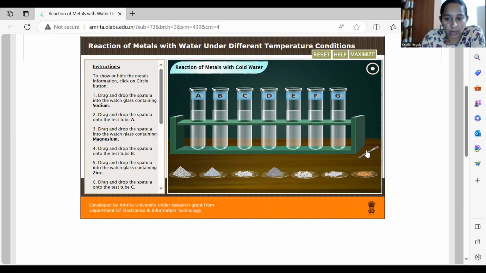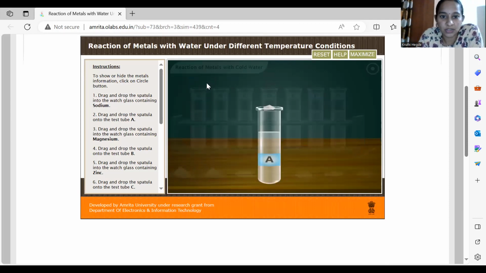So here the spatula is there, and here metals are there. We need to drag the spatula to the metal and put it into the various test tubes containing cold water. Here cold water is there. The spatula is getting filled up with the metal that's been added to test tube A. You can see the reaction, what's happening.